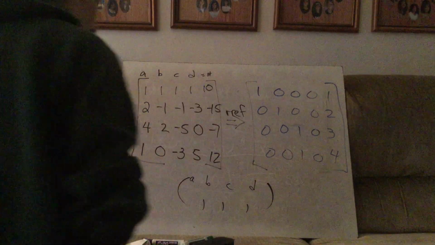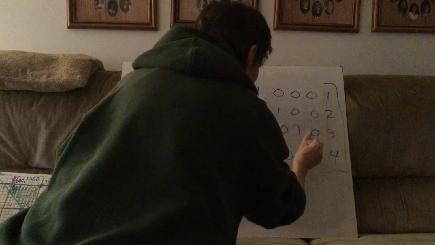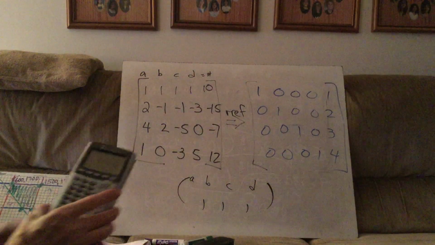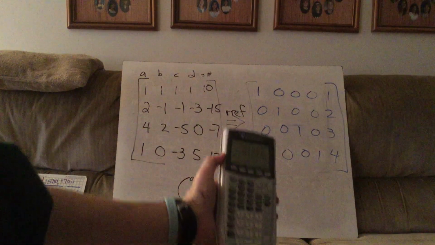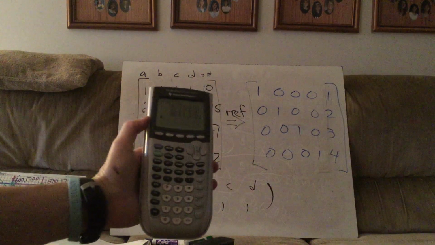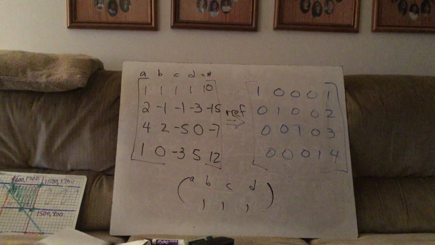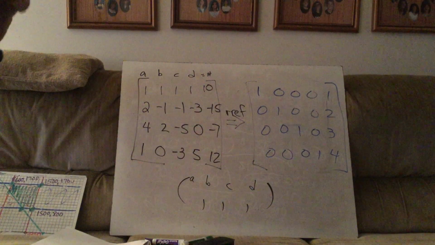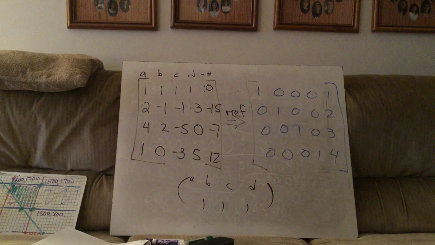That is the matrix that should have come out on your calculator. If you didn't get that, then go back and retype it in. You probably just messed up a number somewhere. It's easy to forget a negative sign or something like that.